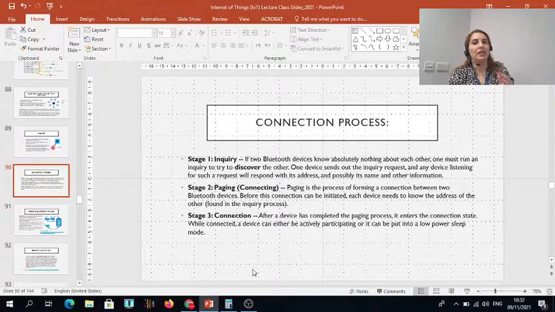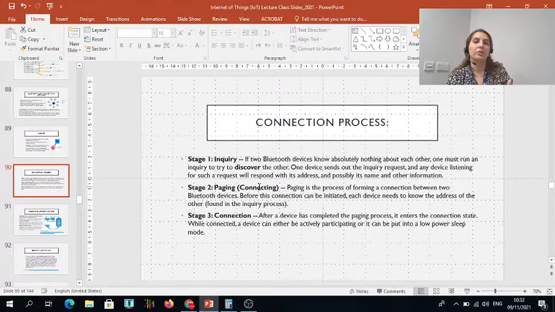So the inquiry and paging, which is stage 2, they are kind of interconnected. They can be done in one step or in different steps. So first of all, you need to make sure that you are available yourself, you are discoverable yourself, and the second one, you need to make sure that you're scanning, you're checking what devices around you nearby are available to be connected.